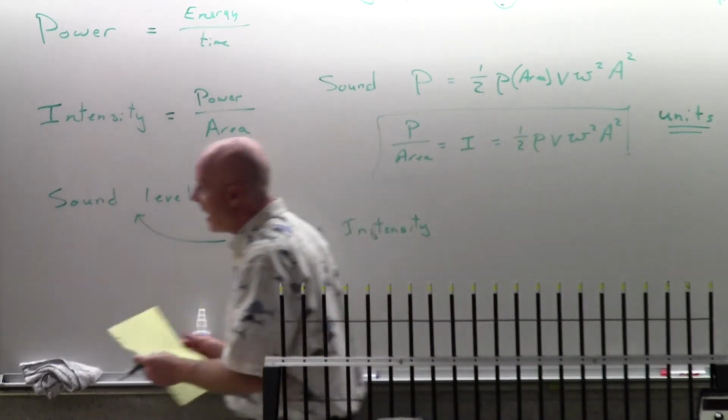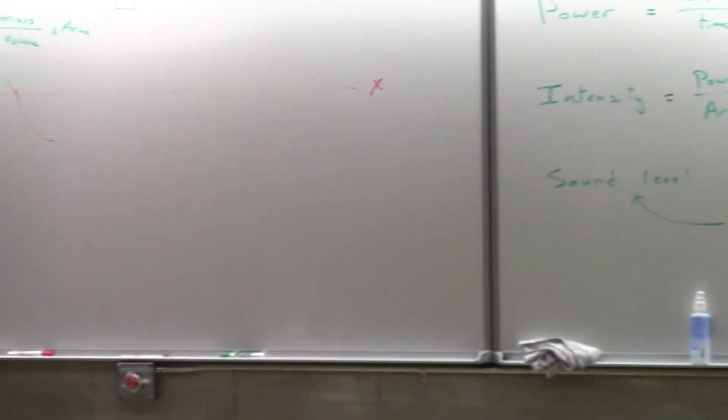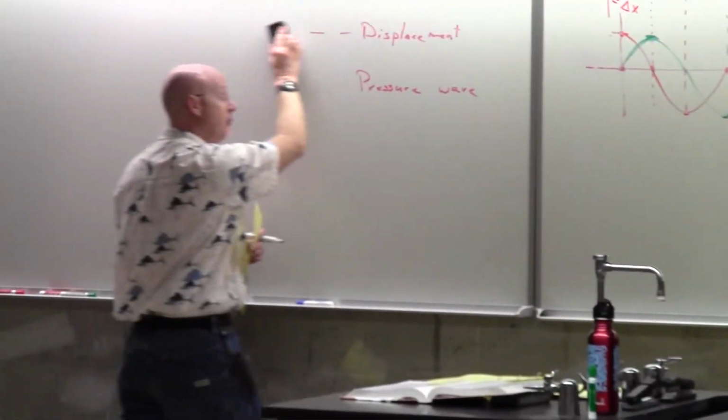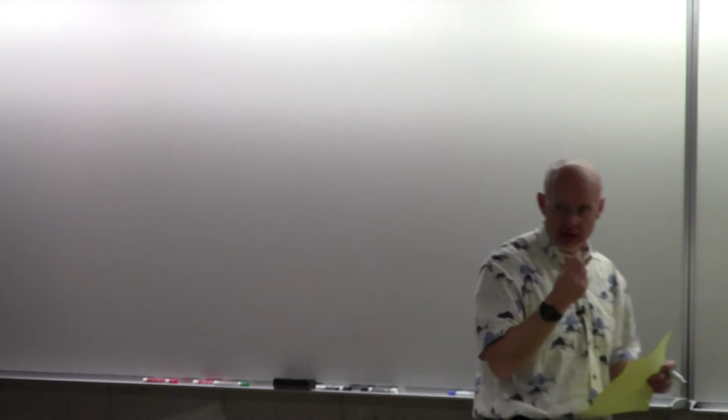But when you say sound level, you're really saying what is the intensity compared to some reference intensity. So it's not an absolute number in the sense that it is watts per square meter. It is a comparison. It is, well, how much louder is it today than yesterday? That's what I mean by the sound level.